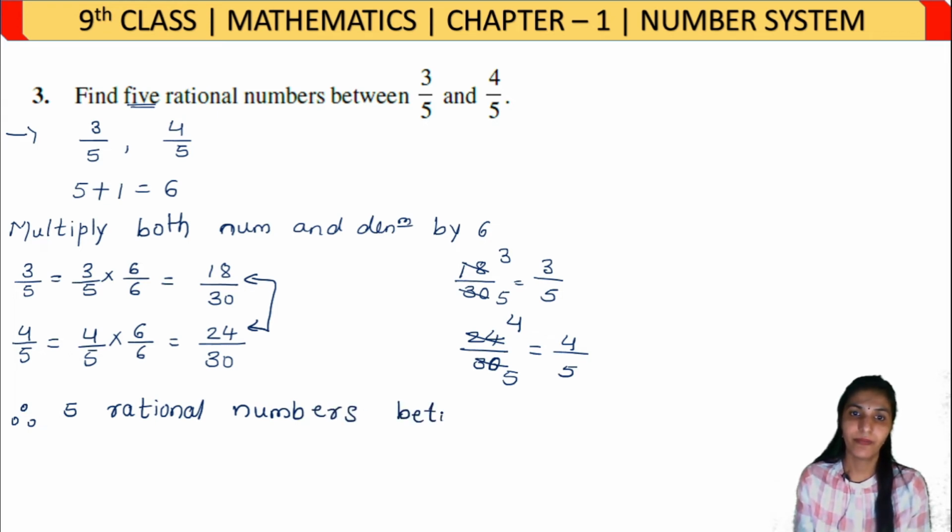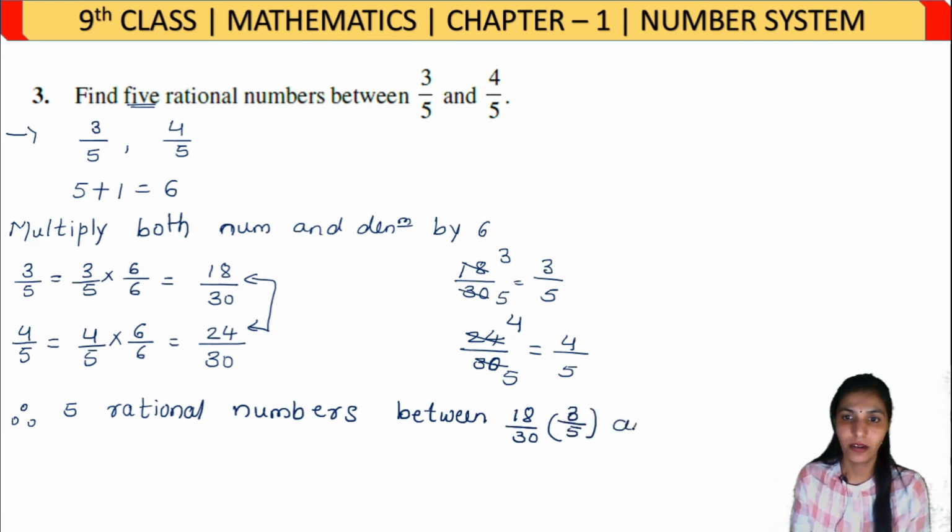between 18 by 30, that means 3 by 5, and 24 by 30, that is 4 by 5.